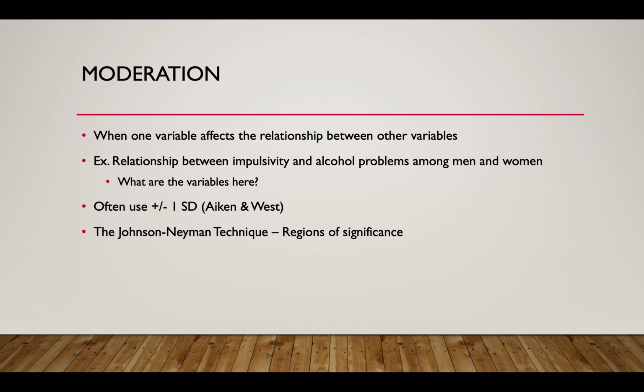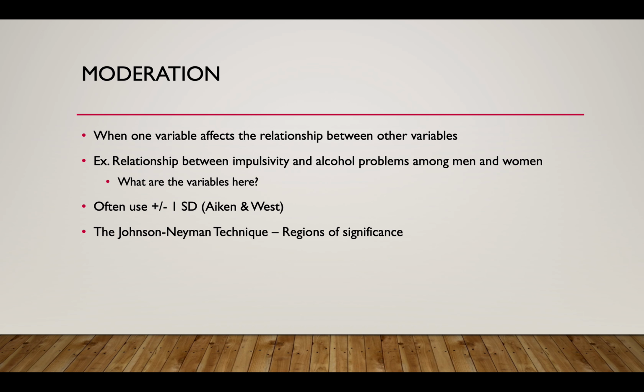So what are the variables here? Well, if impulsivity is your predictor variable, your independent variable, then alcohol problems would be your dependent variable. And then biological sex would be your moderator variable in this case, right?